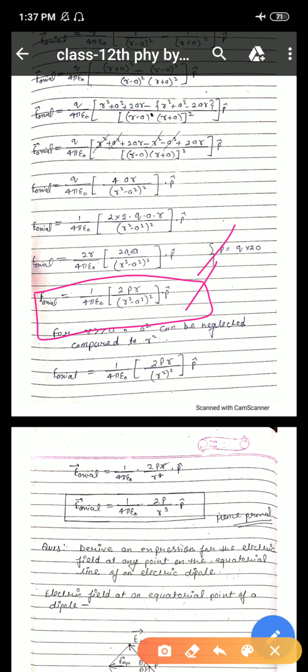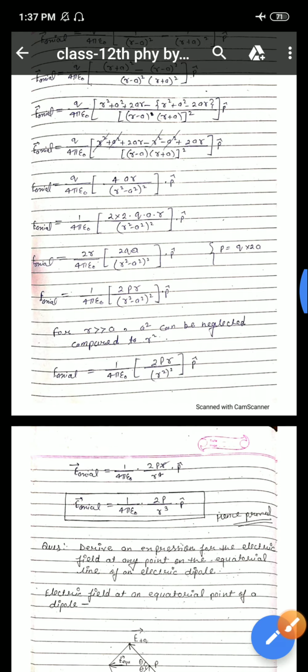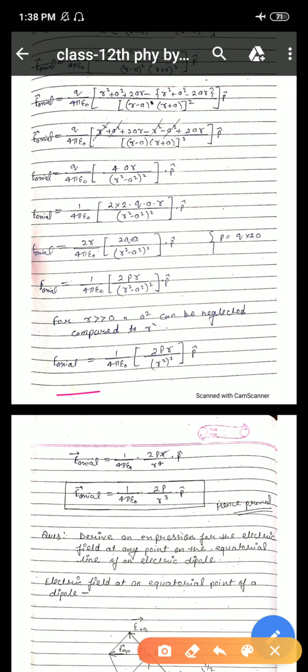Suppose for a short dipole, the value of r is much greater than a, so we can neglect a. So we can write here E axial is equal to 1 upon 4 pi epsilon naught, 2pr upon (r square) whole square.